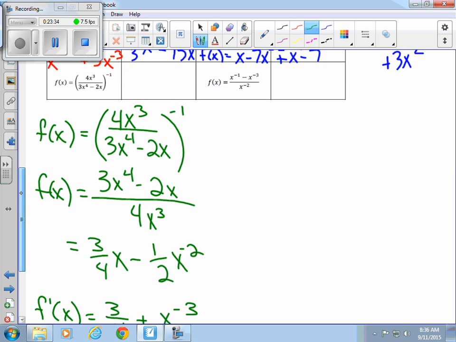Okay, one more. X to the negative 1 minus x to the negative 3, all divided by x to the negative 2. So, how can I simplify that using pre-calc?